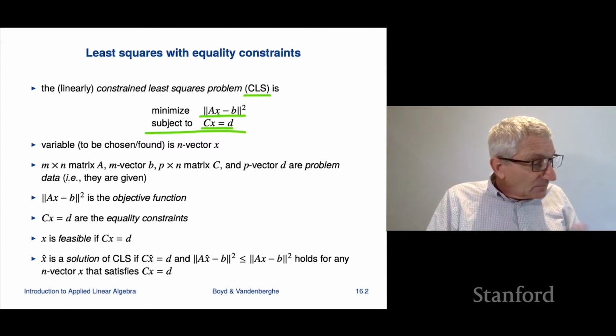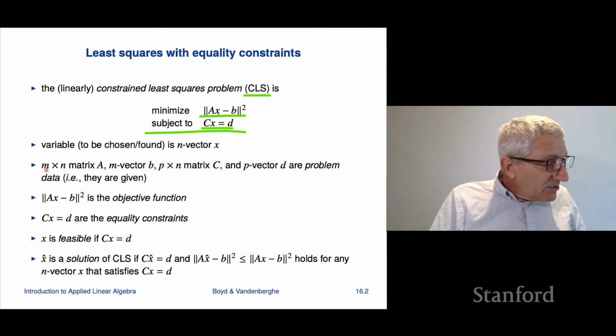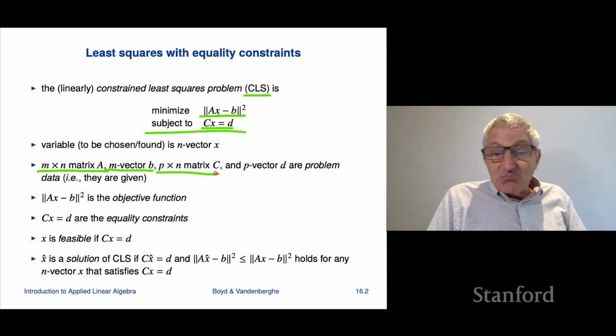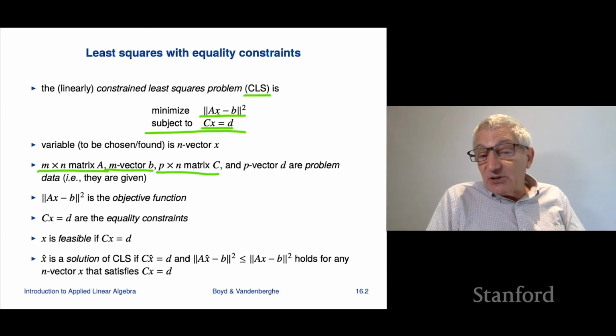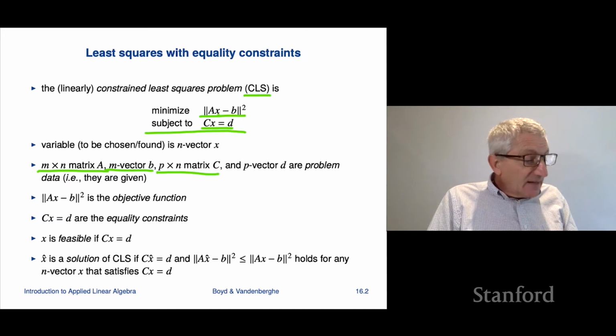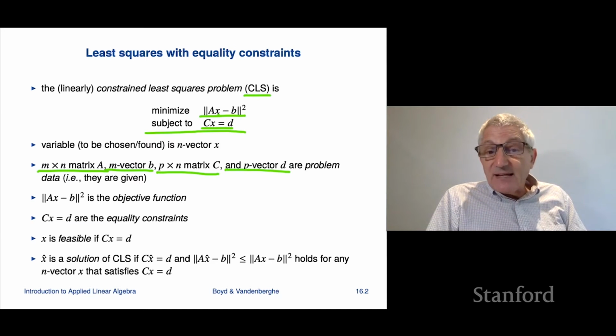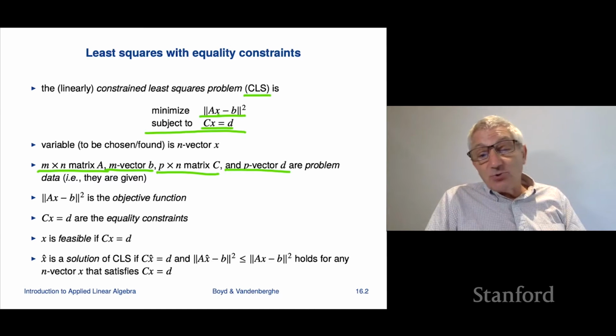Okay, so here the matrix A is m by n. b, of course, must be an m-vector. C is a p by n matrix, and sometimes people would say this problem has p linear equality constraints. The vector d is of course a p-vector, and these are called problem data. The idea is that they're given, so you know them.